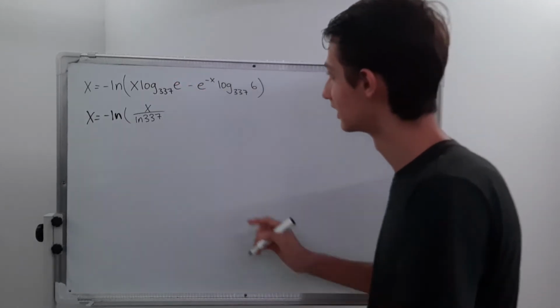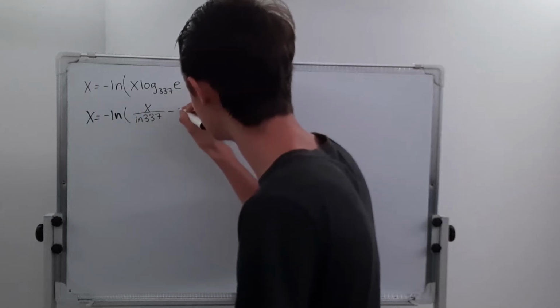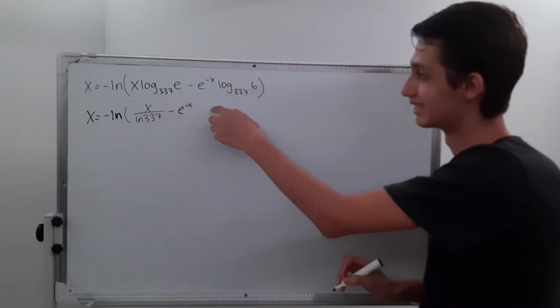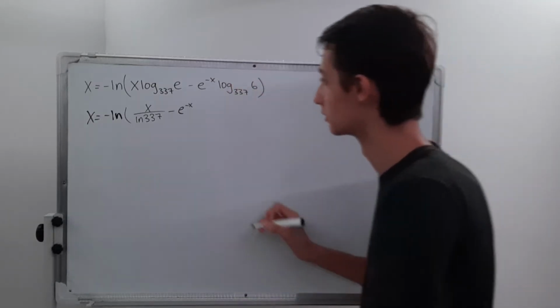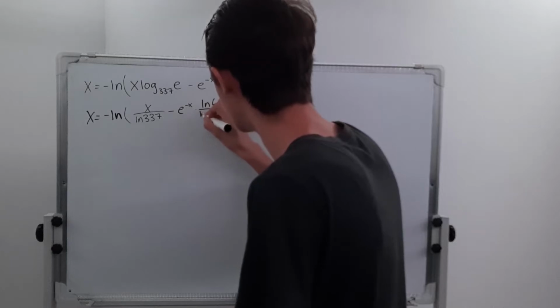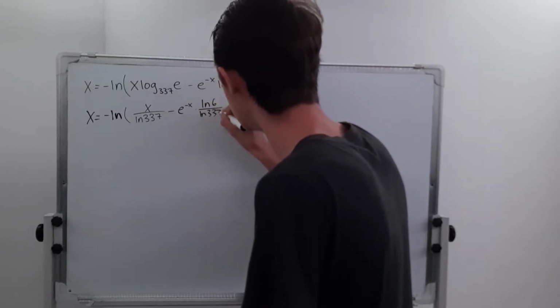So I'm going to say that we're going to keep this minus e to the negative x. But then I'm just going to say this is times ln 6 over ln of 337. So ln 6 over ln of 337.